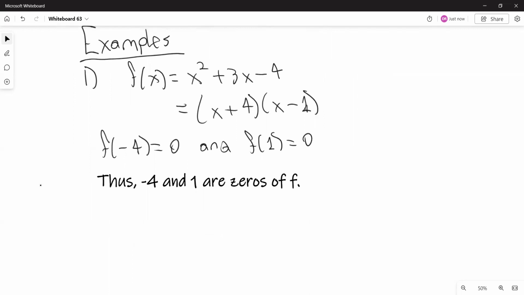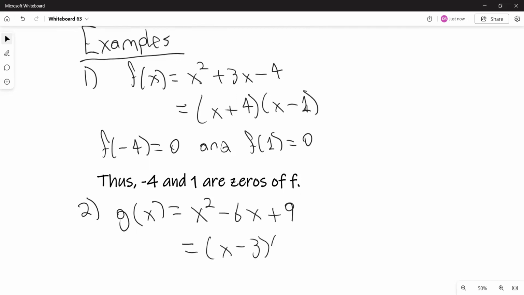Number 2. Consider the polynomial, I'm going to use a different letter. I'm going to call it g. x squared minus 6x plus 9. In factor form, this polynomial is going to be x minus 3 times x minus 3. Or if you want, you can write this as x minus 3 squared.